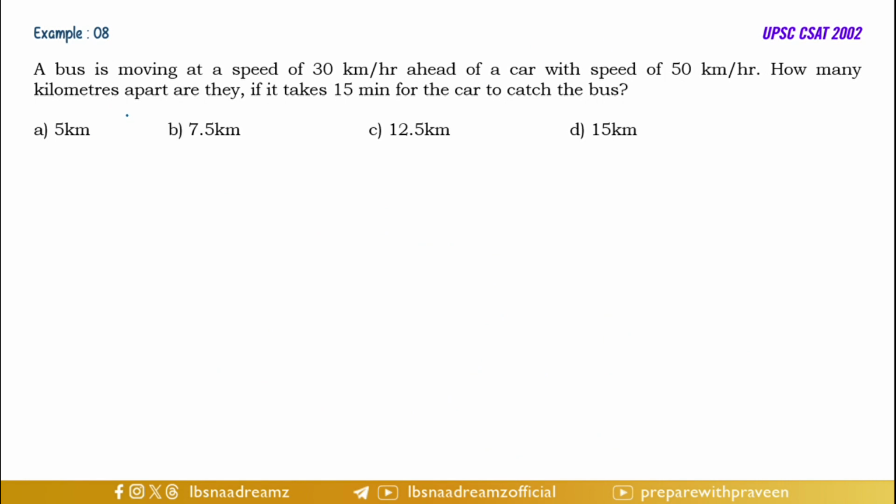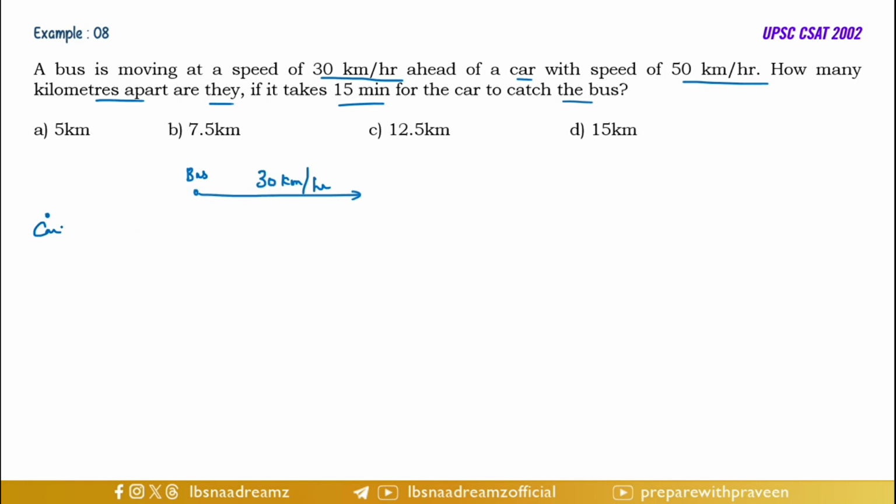Example 8. Read the question. A bus is moving at a speed of 30 km per hour ahead of a car with speed of 50 km per hour. How many kilometers apart are they if it takes 15 minutes for the car to catch the bus? So the car is here, the bus is here.